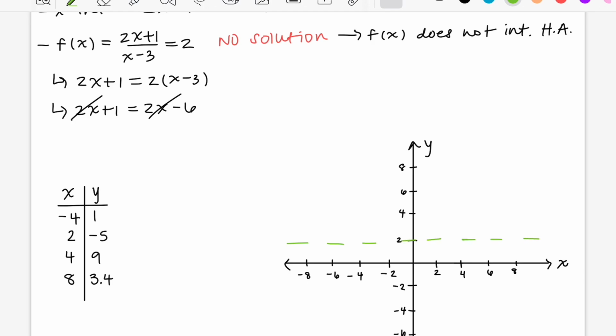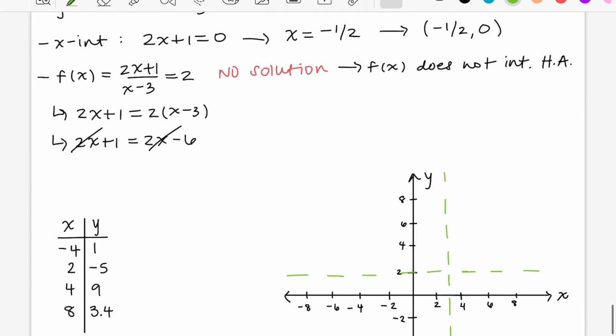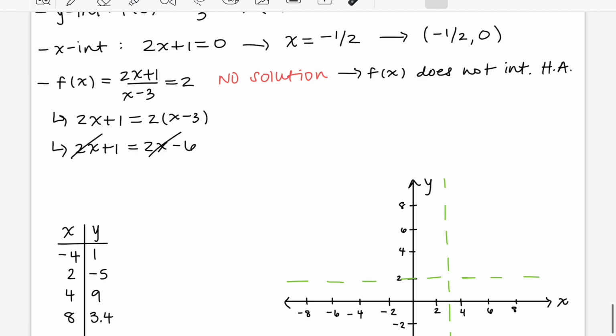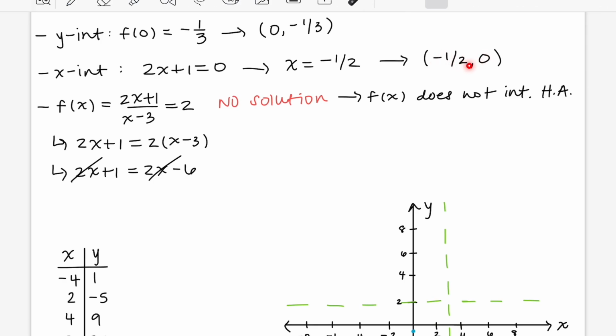Then we have a vertical asymptote at x is equal to 1/2. We also know that we're going to have a y-intercept at (0, -1/3), so that'll be somewhere around here. And an x-intercept at (-1/2, 0), so somewhere around there.